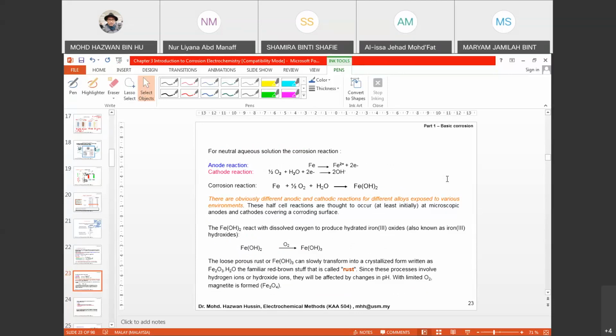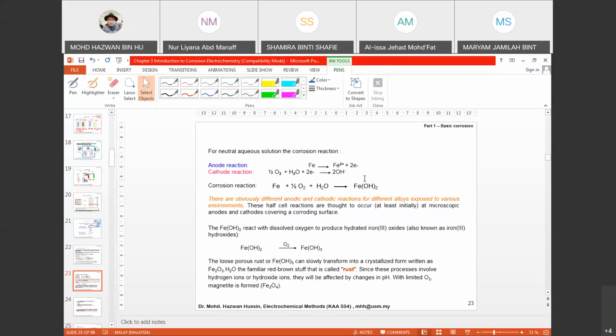Imagine that you have metal or iron in water. We already know that Fe will become Fe2+. This is the anodic reaction. And then in water, you have oxygen that later on forms the hydroxide ion. So the Fe2+ reacts with OH minus, the hydroxide ion, to form the first product, which is known as ferrous hydroxide.